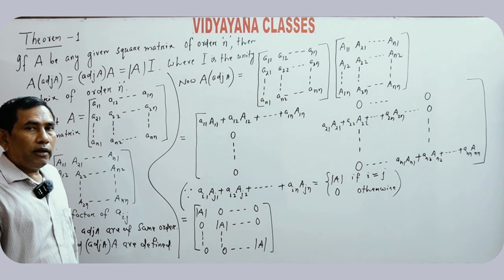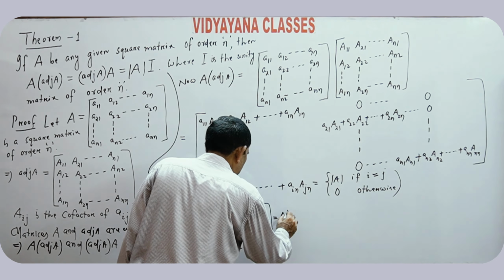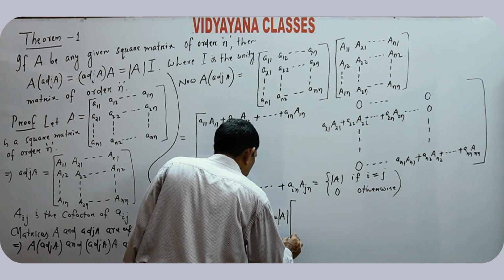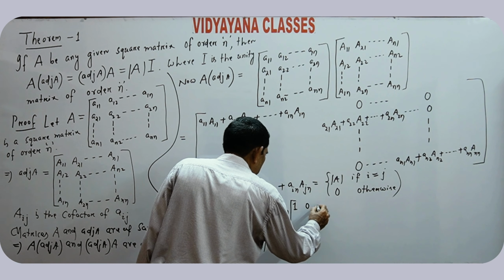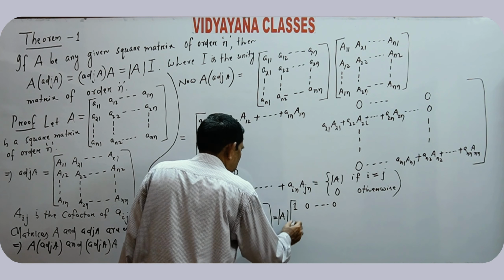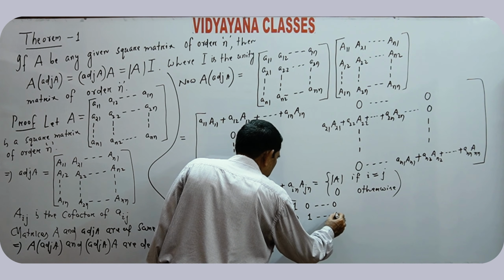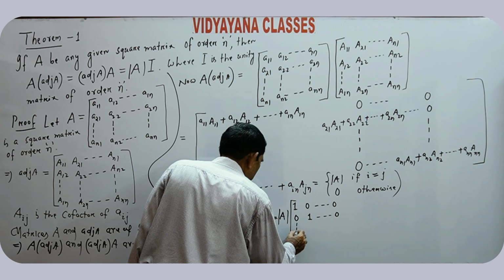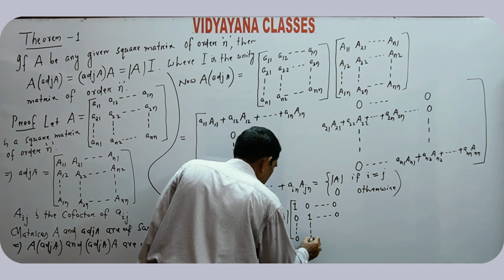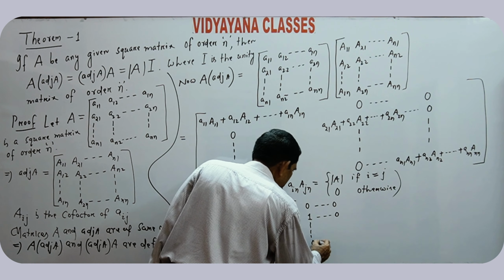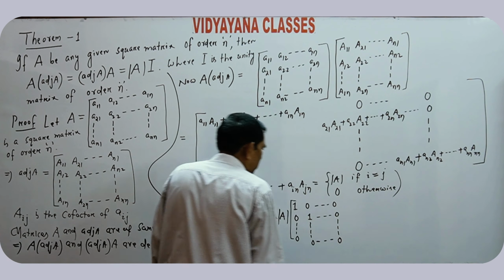Other elements are 0, which is the same as determinant of A into the matrix with 1 0, 0 0 1, and 0s elsewhere.